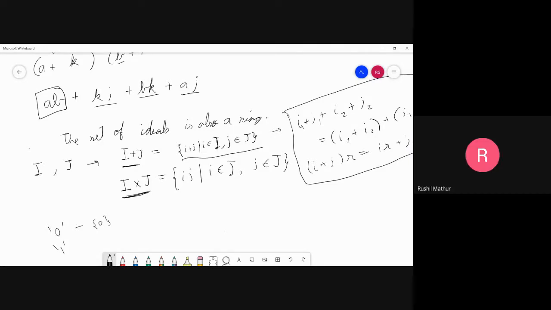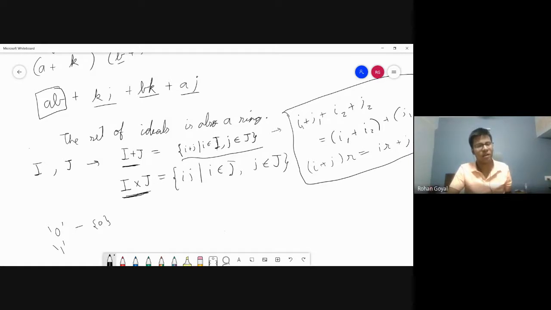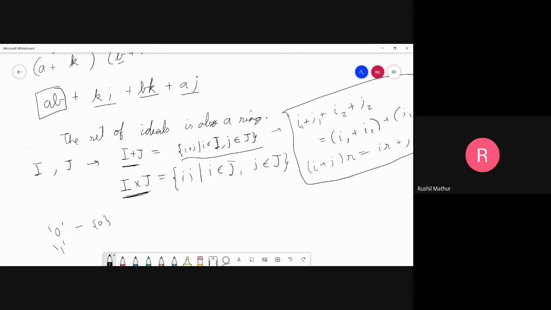One. Yeah, one in it may not be there in IJ, but if the set of ideals is forming a ring, there needs to be a one, right? Like a multiplicative identity. By one, I just mean a multiplicative identity needs to be there if it's a ring. Yeah, I meant the element one may not be there.